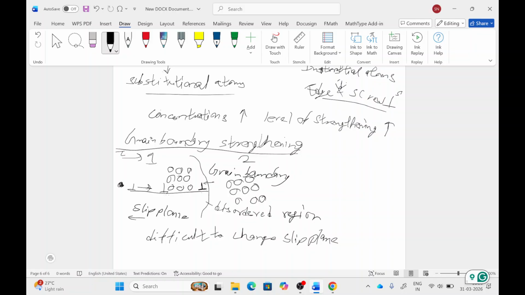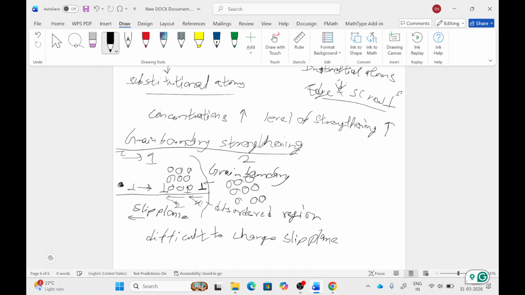So the equilibrium distance of these dislocations also changes as we move away from the grain boundary. The first dislocation is here, and the second dislocation will be here, at x1 and x2.